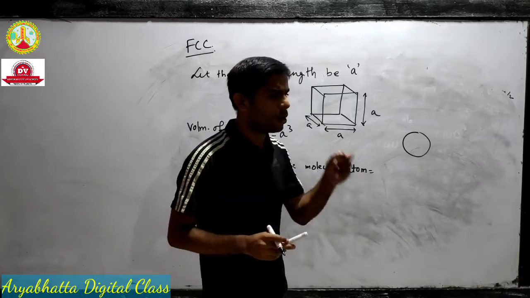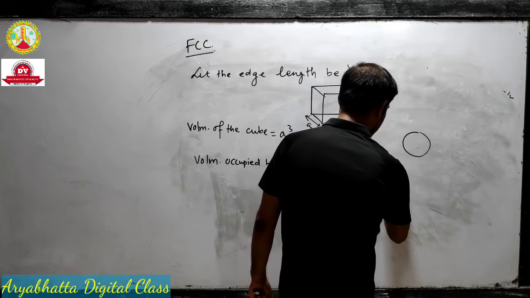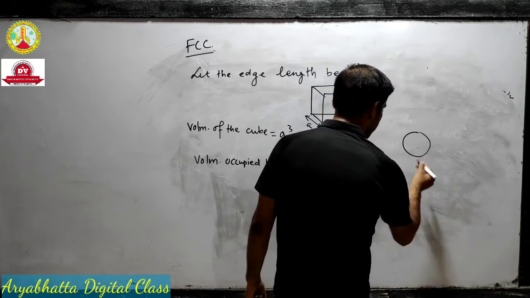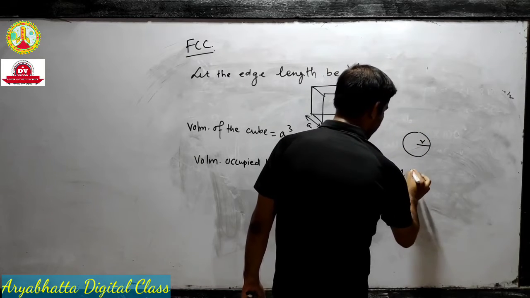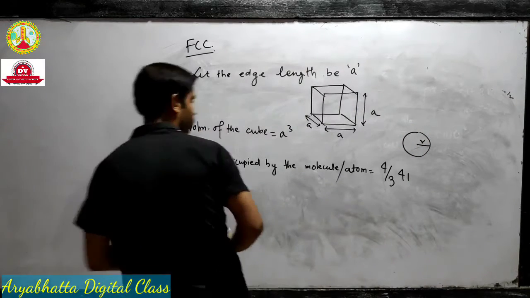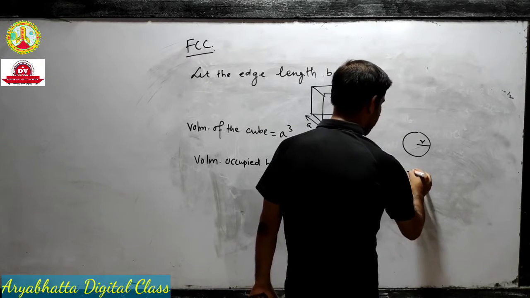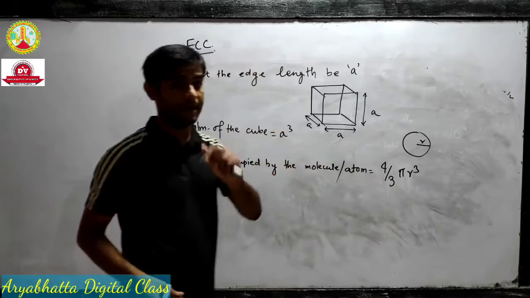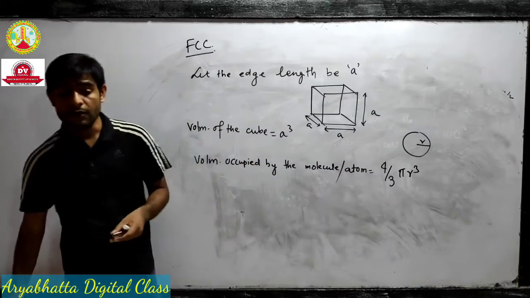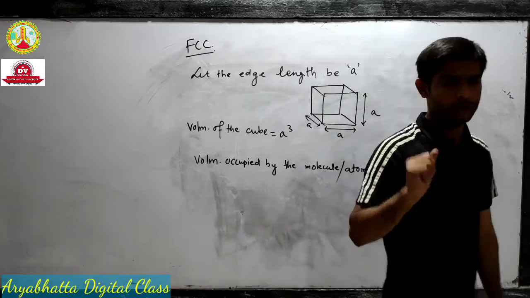The molecule or atom is a single sphere, so if the radius is r, the volume of a sphere is 4 by 3 pi r cube. Mind it, this is the volume of a single sphere, that means a single atom or molecule.